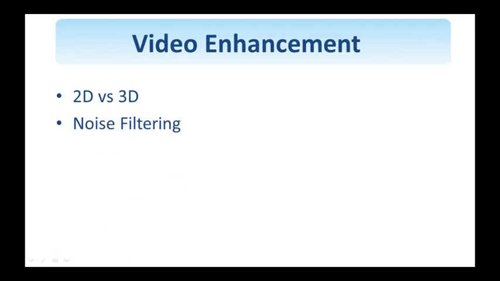Again, we can filter each frame independently using a two-dimensional spatial filter, or we can look at each and every pixel over time and filter the resulting one-dimensional time signal.